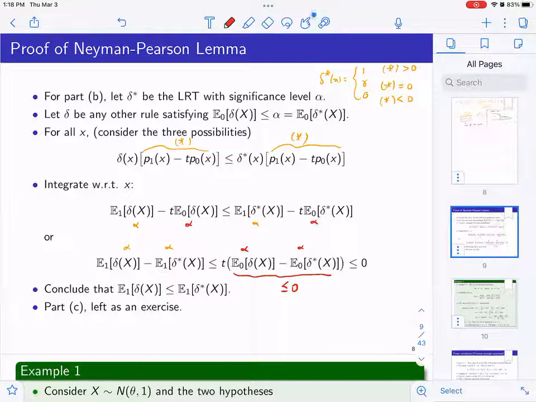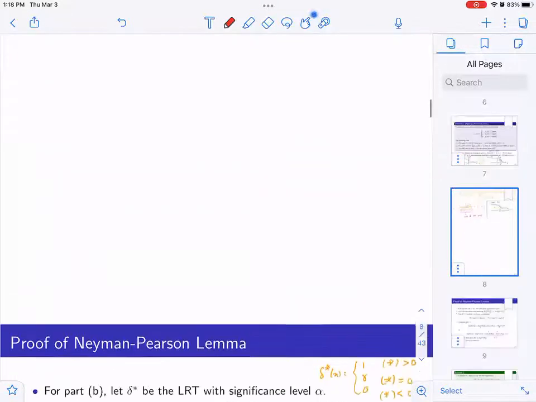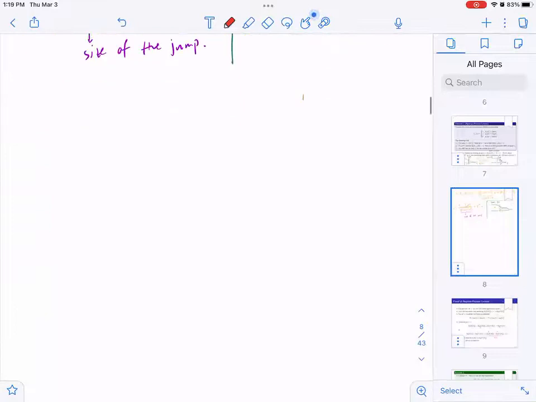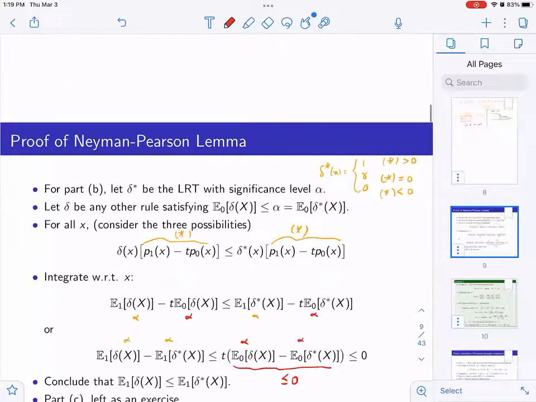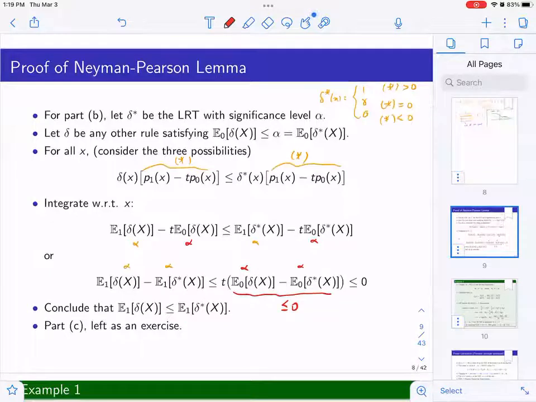And in the previous case that we had, they should all have the same power, because you can take one as delta star, take the other as delta, and then rearrange. Flip the order, you get both sides of the inequality, and so you should have the same power.